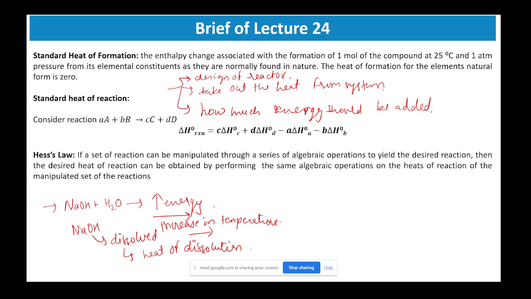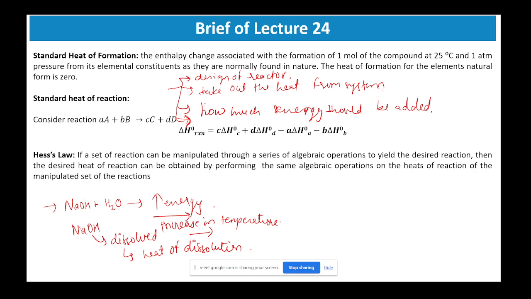Also if you want to take out the heat, then you will use water circulation or some chillant for taking out the heat. So how much flow rate and at what rate you need to take out, all these should be known, and for that you need the data of what amount of energy change is observed during a chemical reaction.